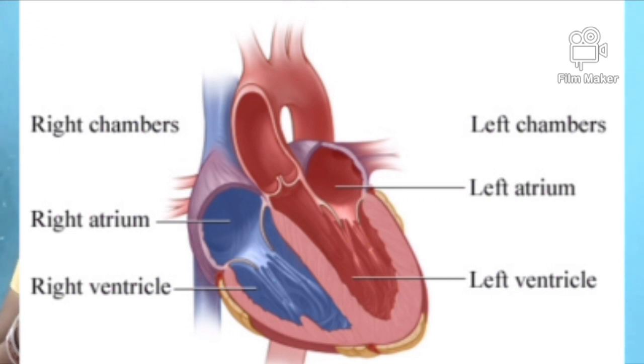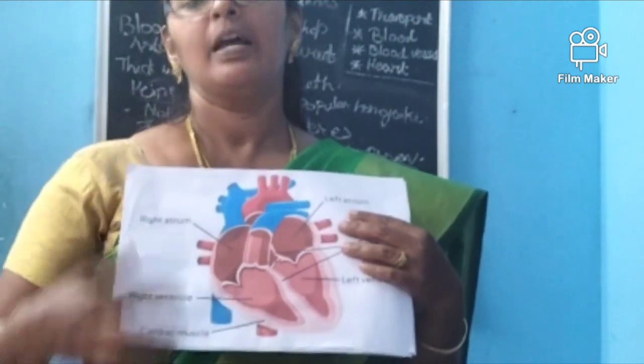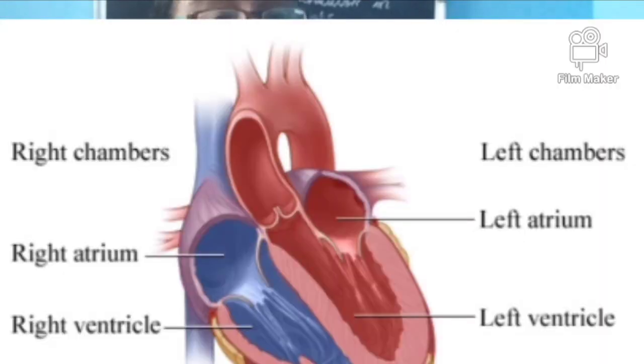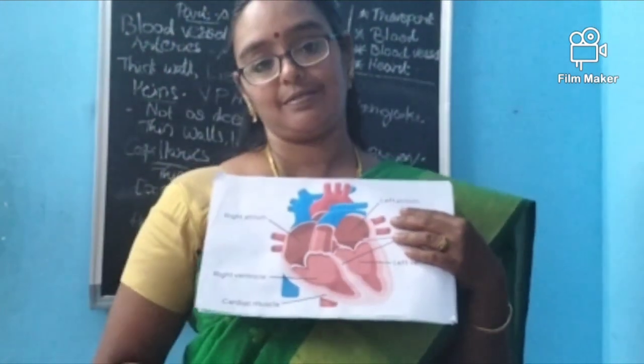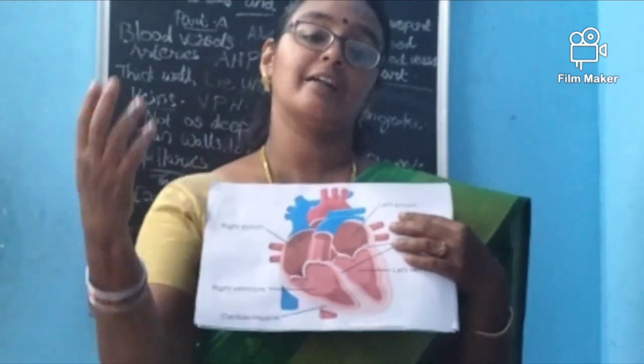Singly, we say atrium. Right atrium and left atrium. Downside, there are 2 chambers, I told you, right? They are called ventricles. Left ventricle and right ventricle. Okay? Atrium, ventricles. Left atrium, right atrium, left ventricle and right ventricle.